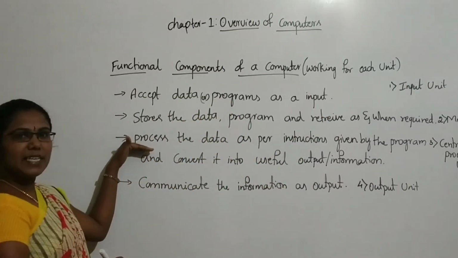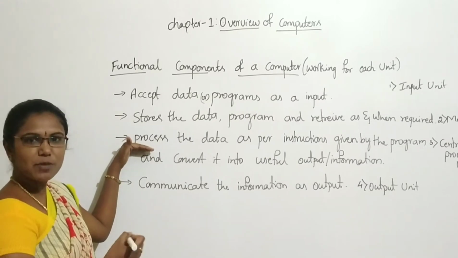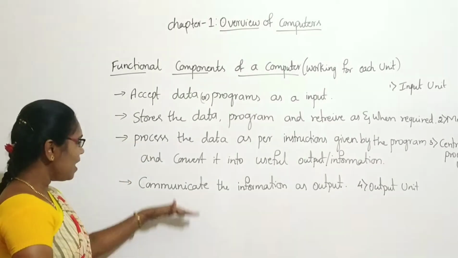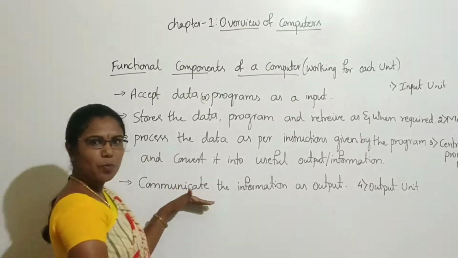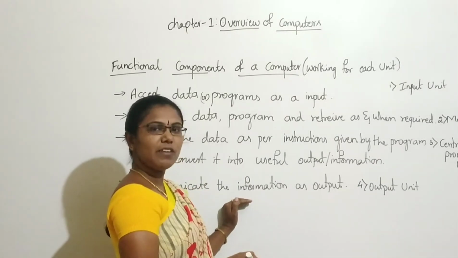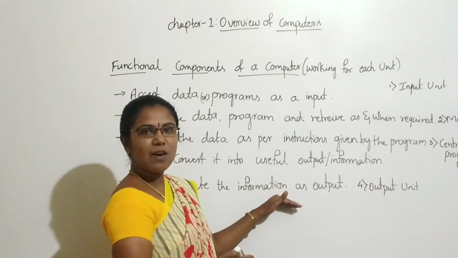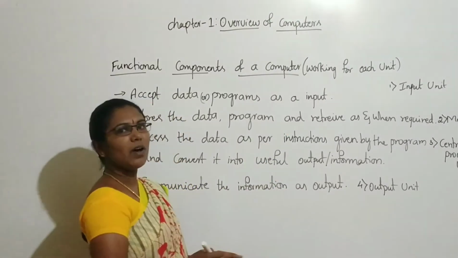Next, process the data. Which unit is required to process the data? The CPU. CPU stands for central processing unit. Communicate the information as output. Which unit can be used to display the results or the information? The output unit can be used. Understood? Now, we have discussed these four units.